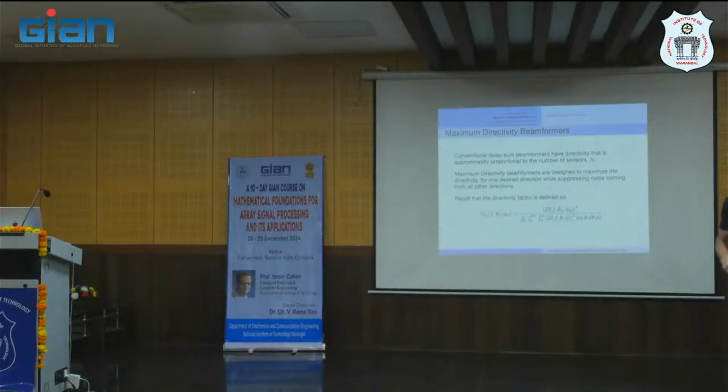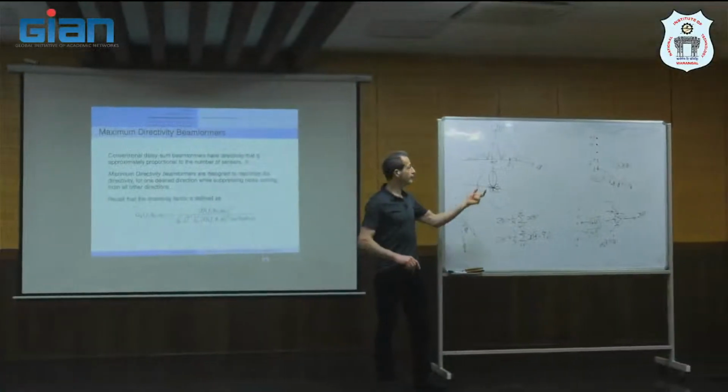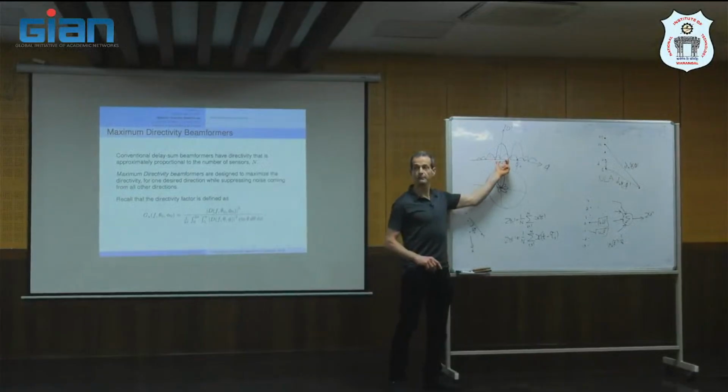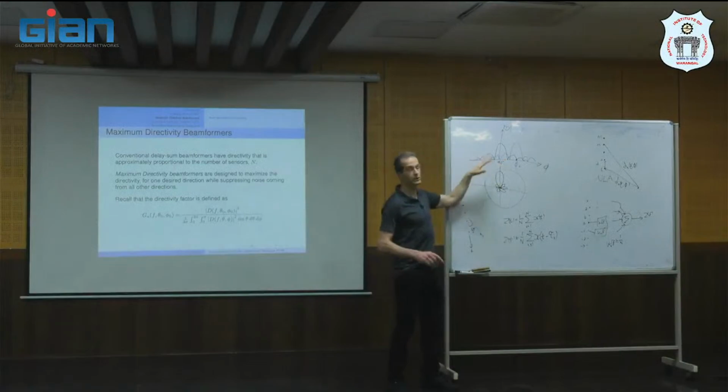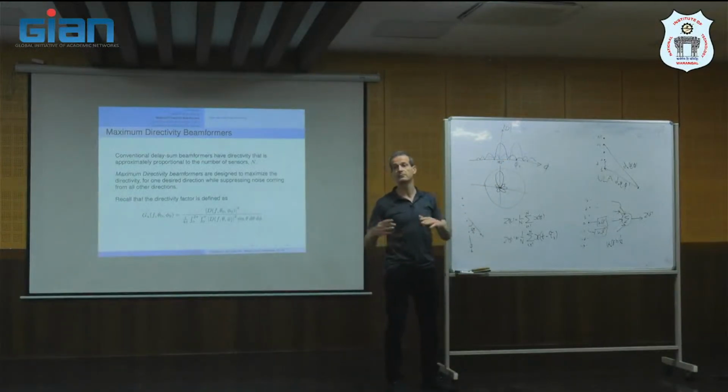So we have different names. If the beam pattern doesn't change in frequency, we call it a frequency invariant beam pattern. If only the beam width is independent of frequency, but the side lobes may change for different frequencies, we call it a constant beam width beamformer.